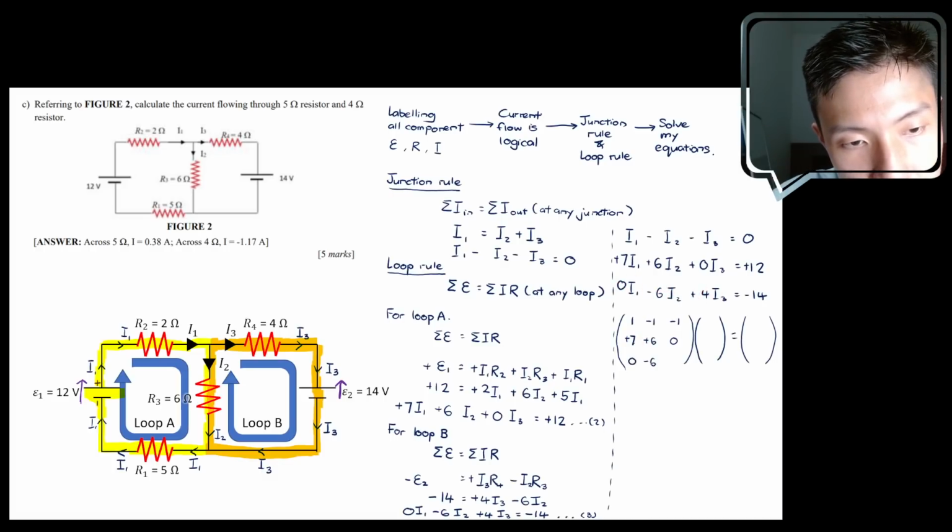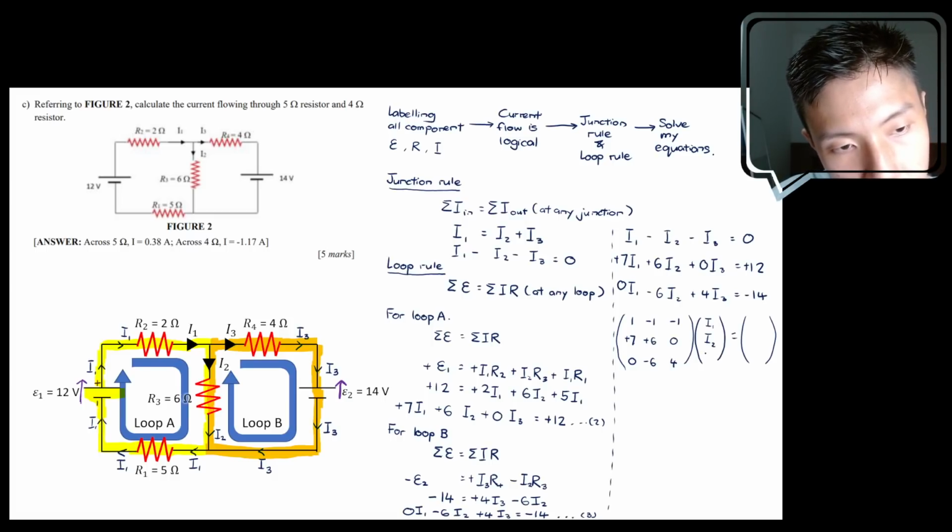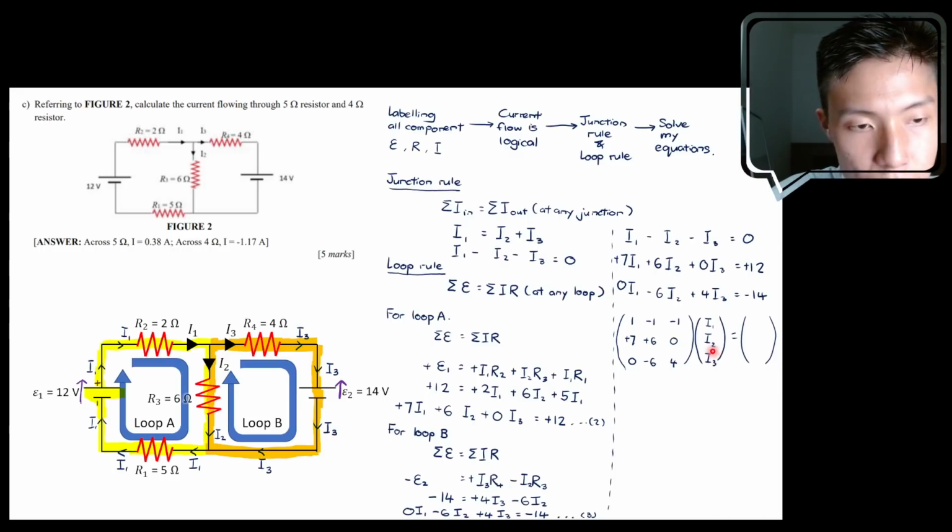Then this slim bracket here is for you to put in I1, I2, I3. I hope you remember this from your maths semester 1, because this one multiplied by this one, plus this one multiplied by this one, plus this one multiplied by this one, gives you I1 minus I2 minus I3. Then the right hand side will just be these values over here.